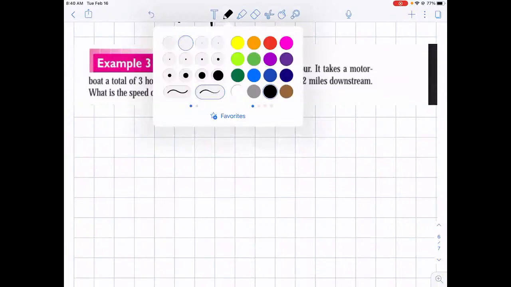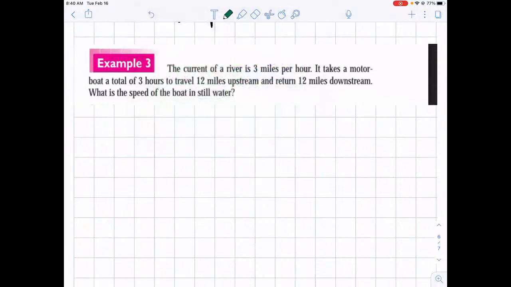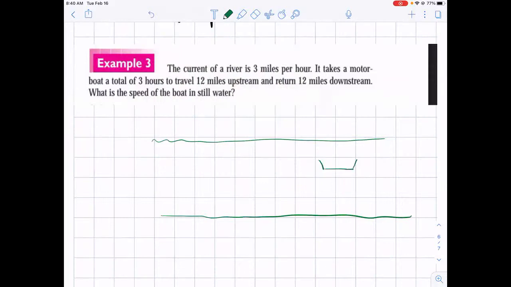We can draw a little sketch here if we have a little river. So let's say that's my stream, and I have 2 boats. So let's say one boat is somewhere here. Okay. And let's say we have another boat somewhere over here.